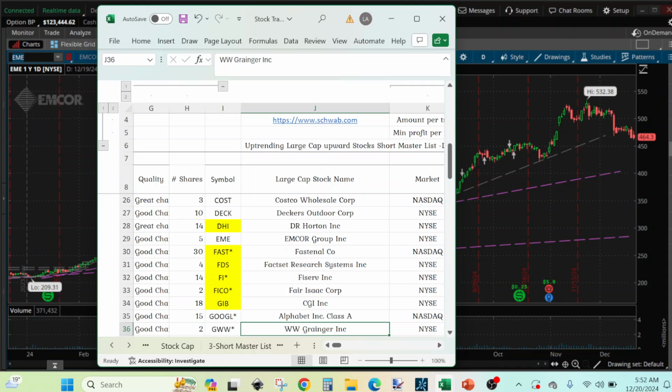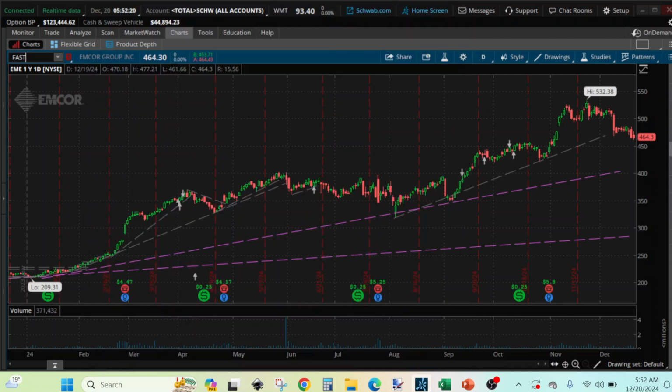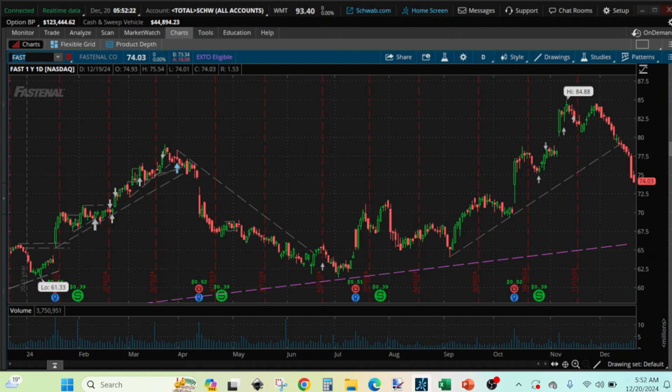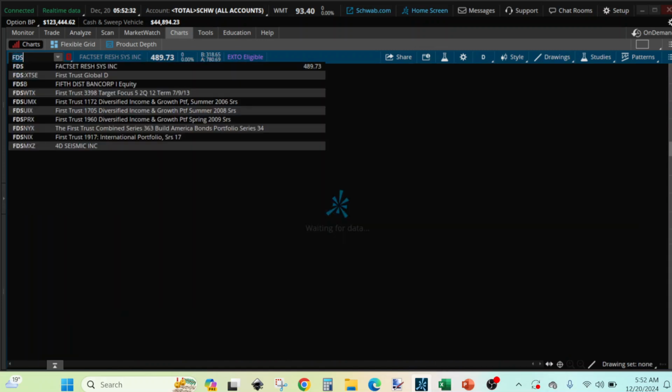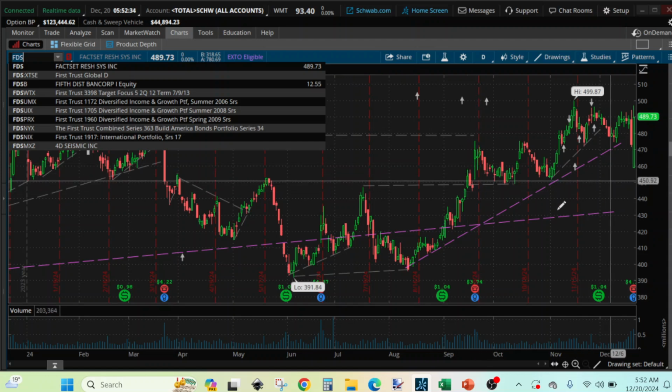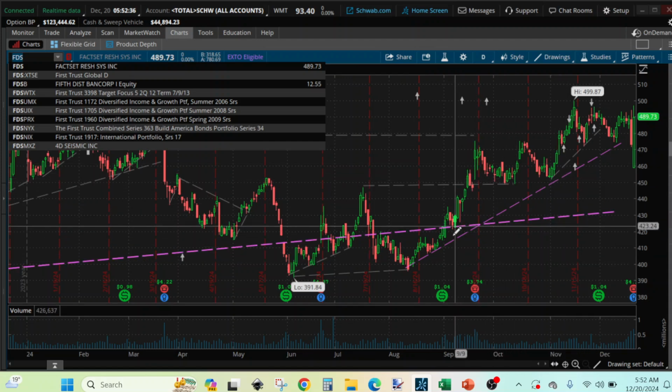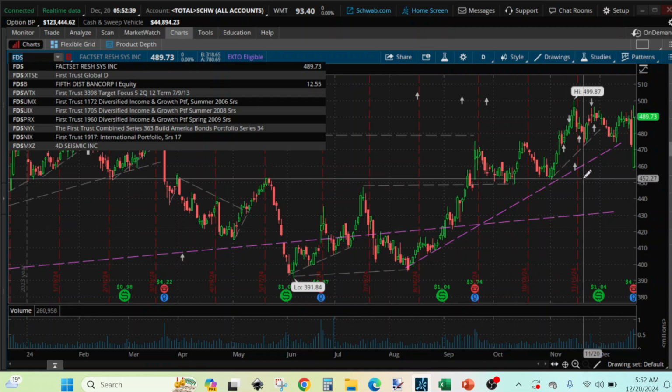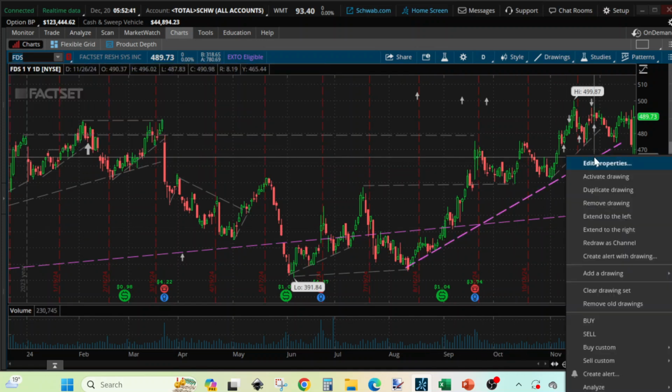Fast, we have it in our portfolio and we bought it somewhere there. Right now it's pulling back. FDS is the one that pays a dividend, and this is somewhat a mid-year trend line.